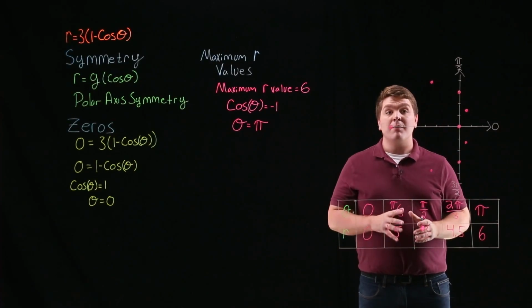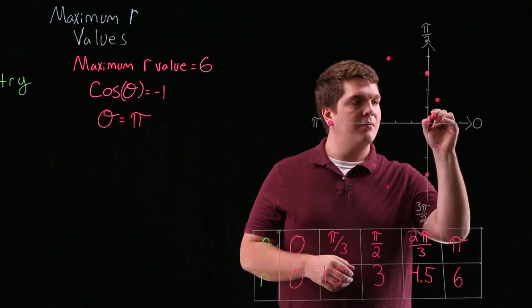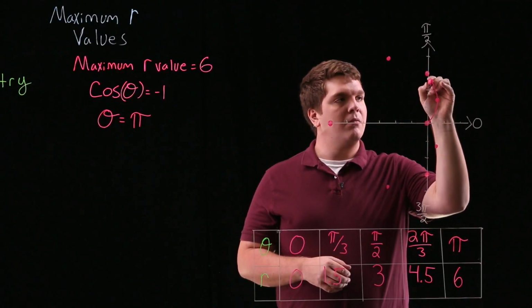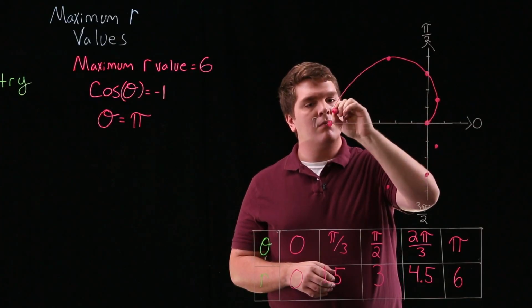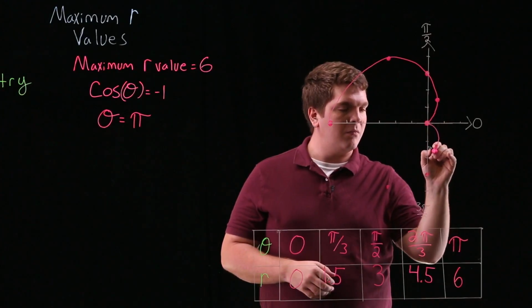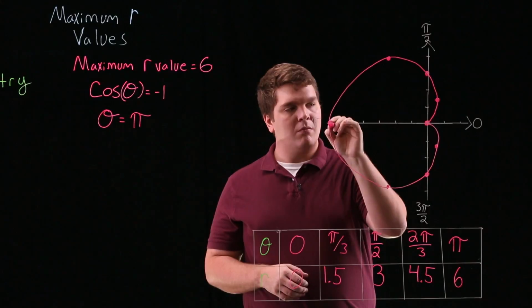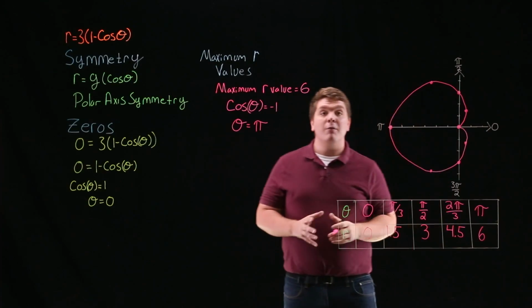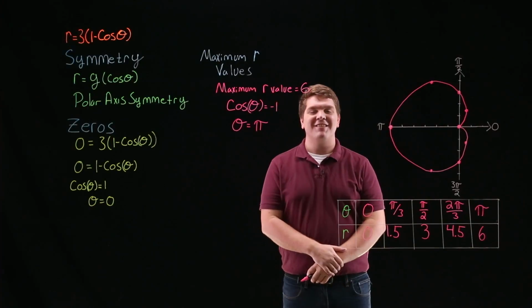Now that we have some points, let's go ahead and sketch our graph. So there we have the graph of r equals 3 times 1 minus cosine of theta. Thank you.